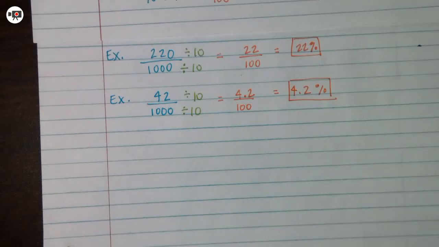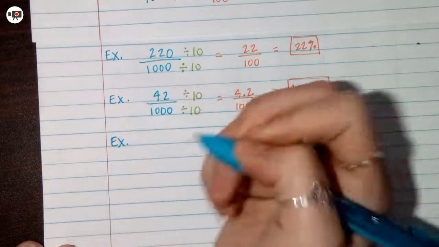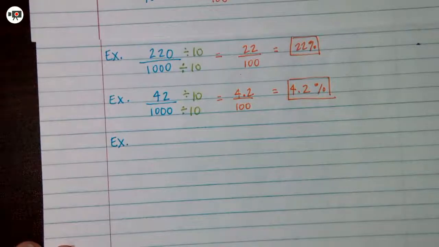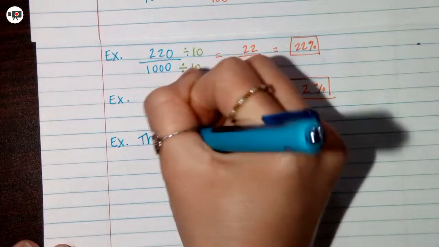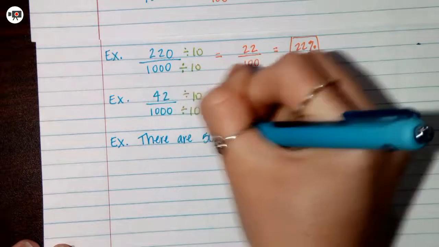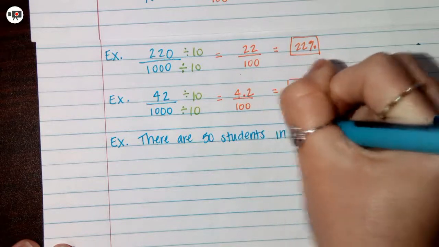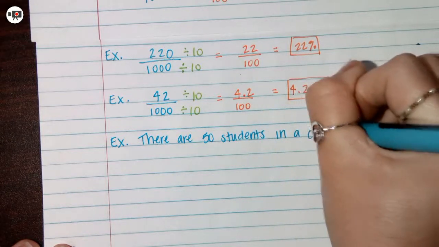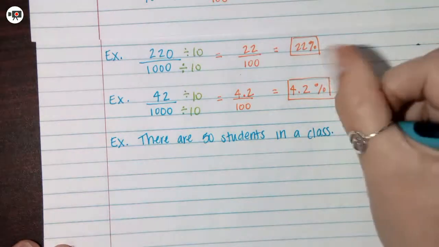Okay, let's do one more example. So let's say there are 50 students in a class. Of those students, 27 are girls.